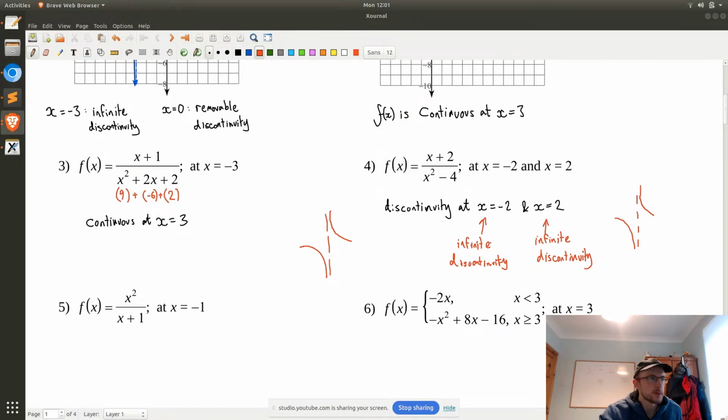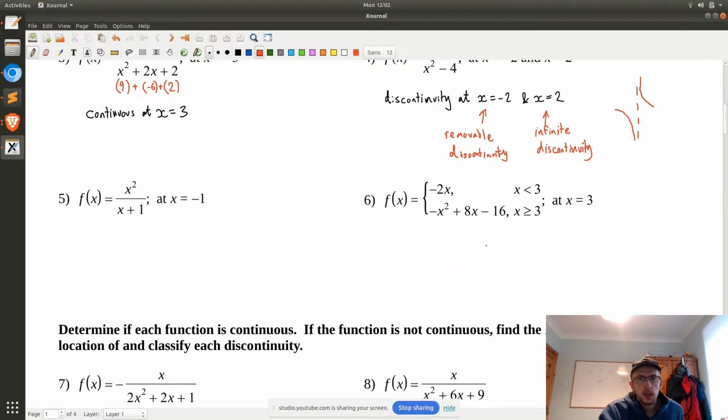Anyhow, sort of too late now, but how can I think about this? Okay, so it's mimicking the 1 over x behavior. So it's not going to have 2 of these. So only one of them can be an infinite discontinuity. That's what I need to think about. So there is a removable discontinuity.